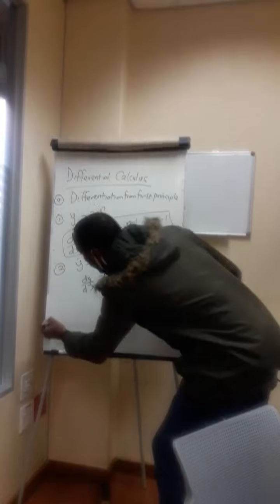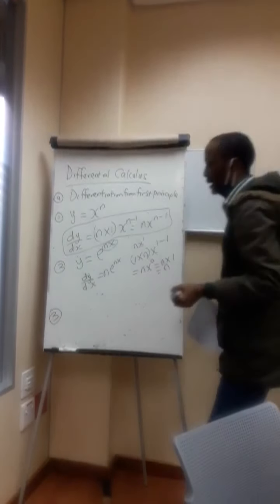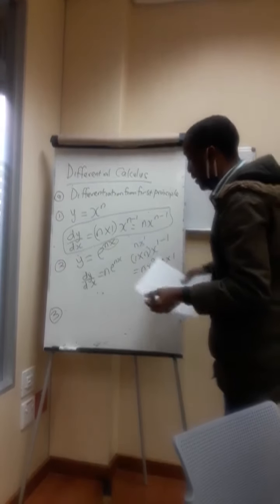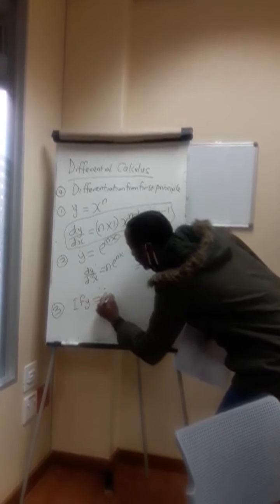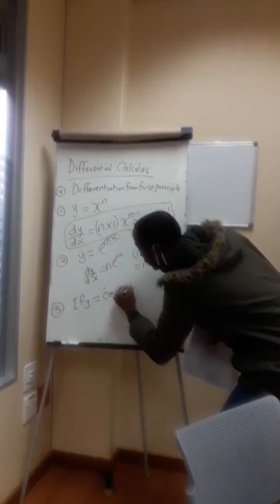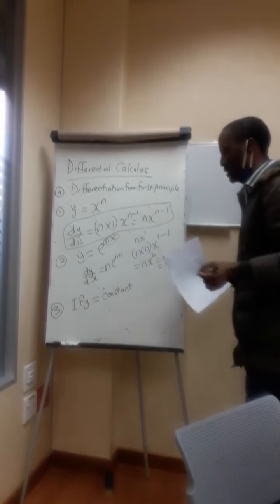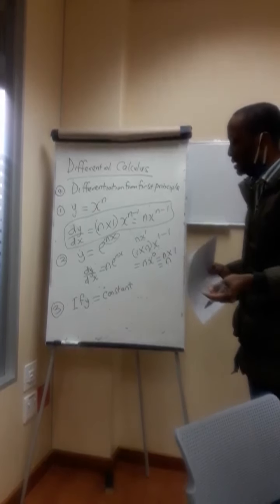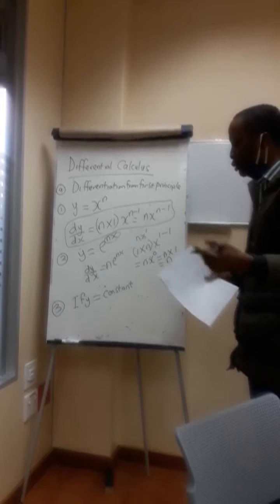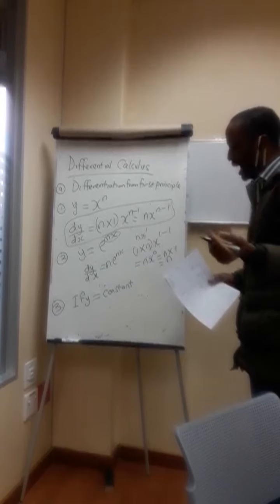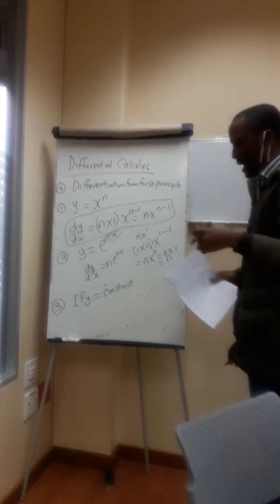Then the third one, let me just quickly mention that. The third one is if y is a constant. If y is a constant, how do you differentiate that? When we say constant, they are just the real numbers. It can be 2, 3, 4, 2.5, 6.5, any real number.